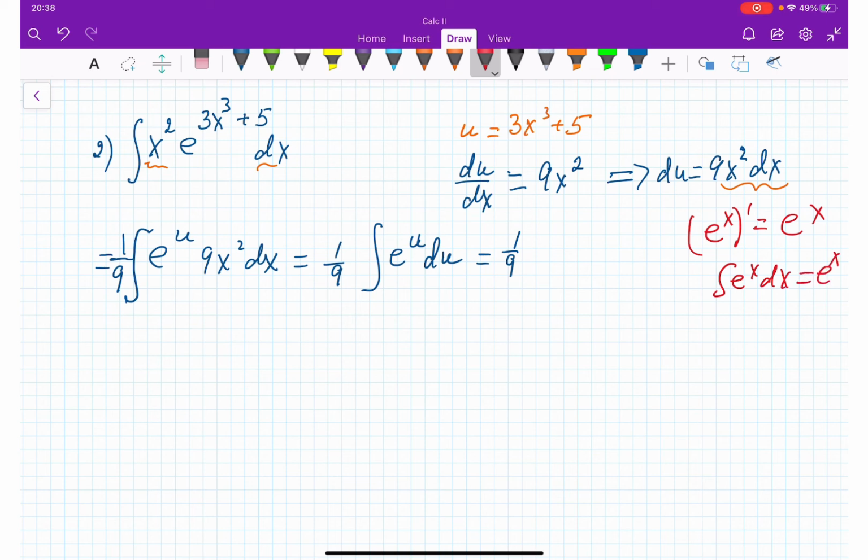So here we get 1/9 e to the power u plus c, which is equal to 1/9 e to the power 3x cubed plus 5, plus constant. Okay, that was pretty easy, a simple one. And now let's do a challenging problem.